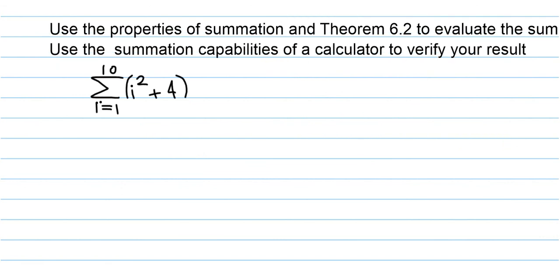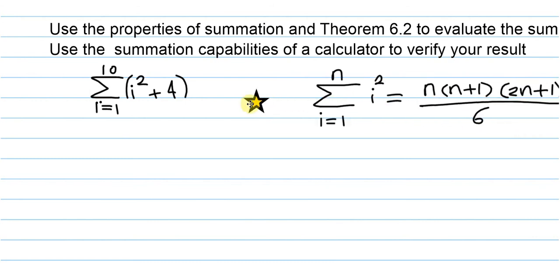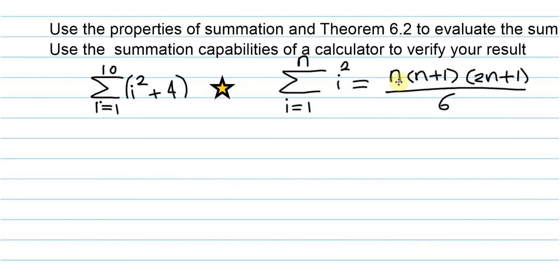Sigma i squared plus 4 from i equal 1 to 10 consists of two sigmas, sigma i squared and sigma 4. Sigma i squared is the longest one, because sigma i squared is n plus 1, multiplied by 2n plus 1, all over 6. Remember, this is the longest one that we have to memorize.